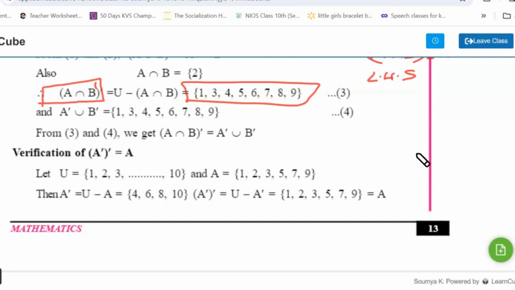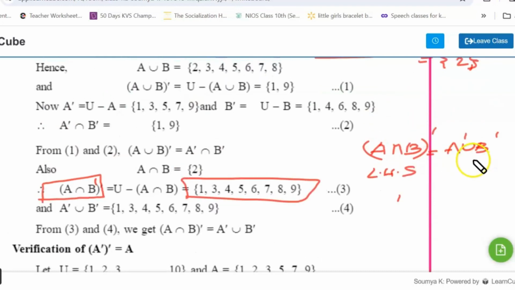Next, you have to find out the right hand side. Here, A complement and B complement you have to find, and then their union. Already we have done this, A complement is available, B complement is available. Find out their union. It will be 1, 3, 4, 5, 6, 7, 8 and 9, except 2.